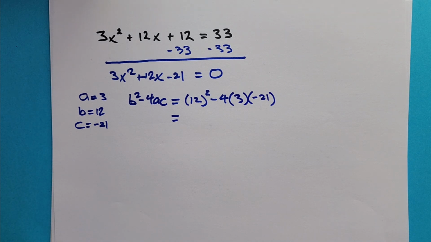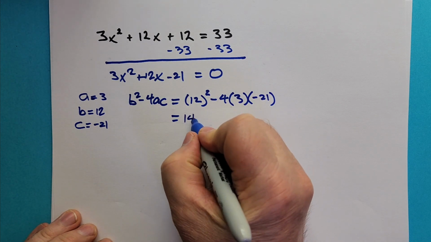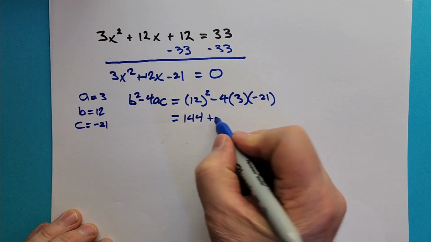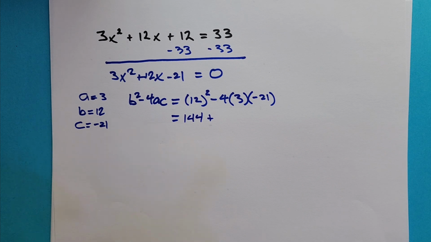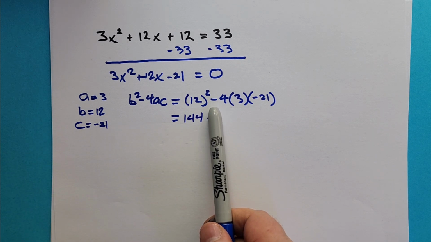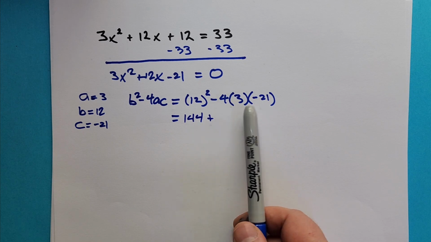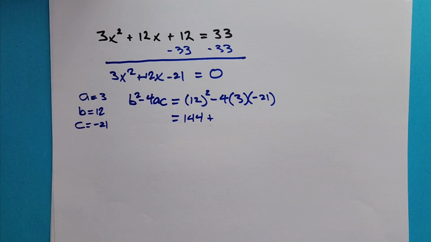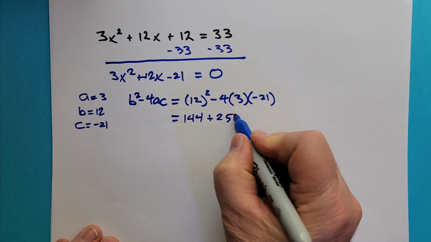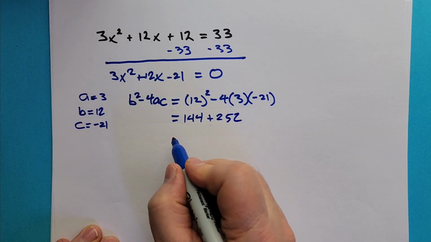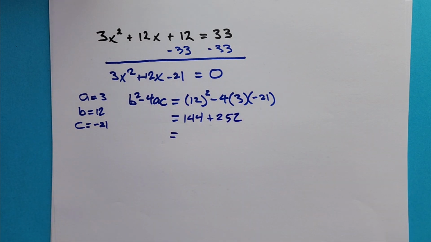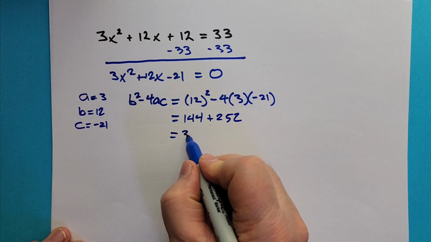Ultimately, we're going to probably have to work with simplifying square roots quite a bit on this example. But 12 squared is 144. And then this is going to be a positive now because the negative sign in the discriminant from the negative 4 is going to cancel with the negative sign of c, or the negative 21. Negative times a negative is positive. So this is going to give us a positive 252. And then when we add these together, we're going to get 396.